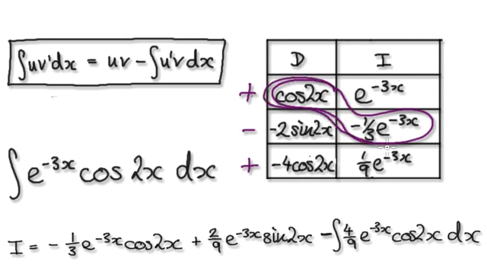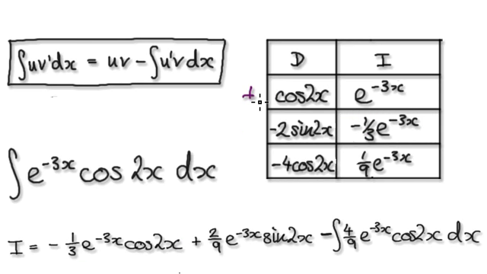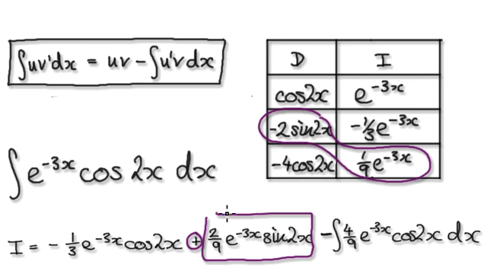So this thing here will be a positive, but then you've got a negative here, so the first term will be negative. And then the second term will be this times this. So it will be a negative, and then you've got another negative inside here. So overall, this will be a positive.